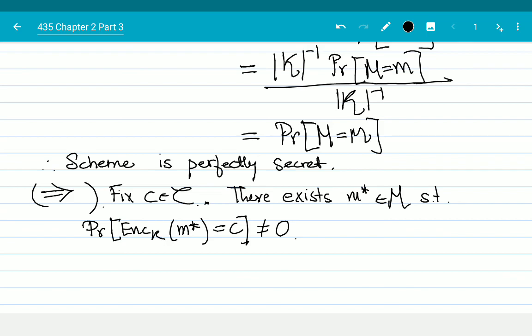Okay, this means that there is some message. Well, if there is no such message, then c shouldn't be in the ciphertext space. That's why we have to have one of them so that this is non-zero.